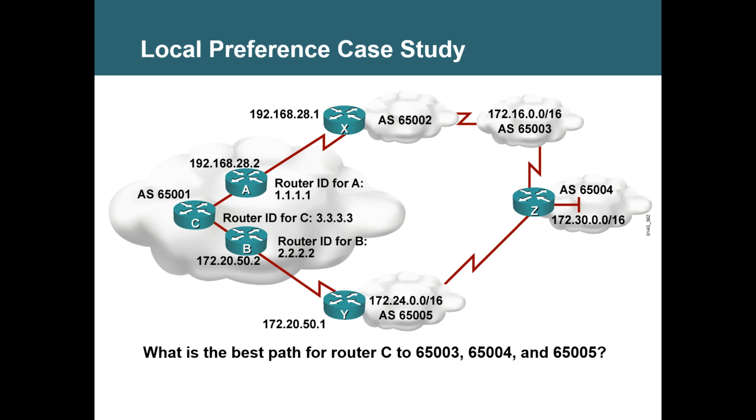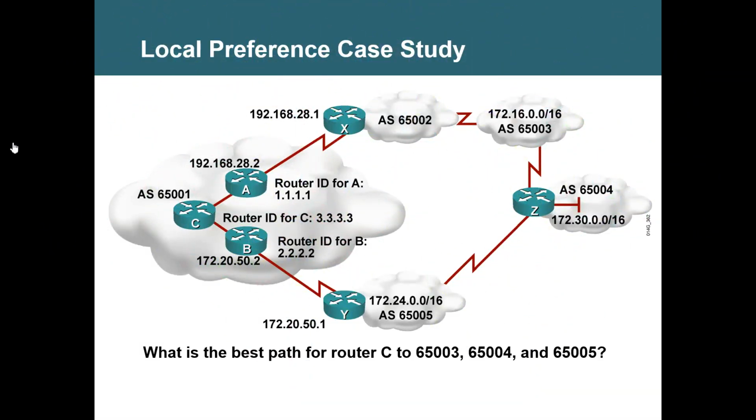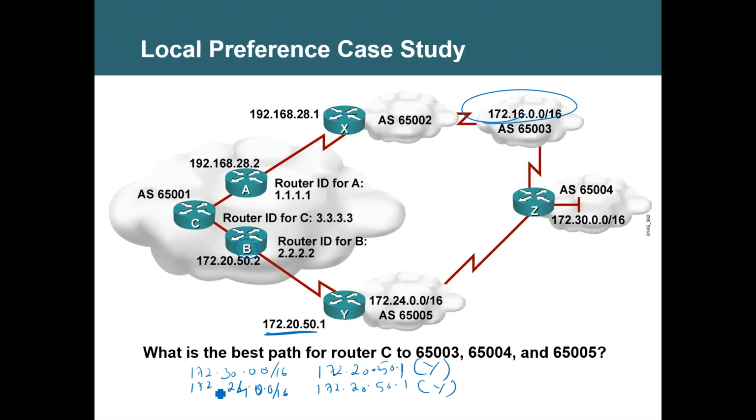All of you see this picture closely. See, 170 to 30 goes via Y because it is only two hops, one hop here and one hop here. 170 to 24 is going via Y because it is only one hop.